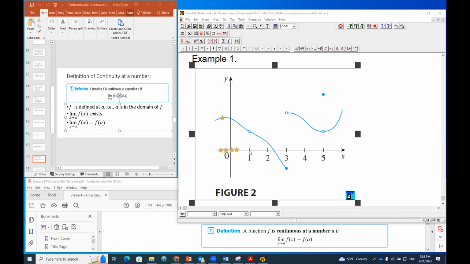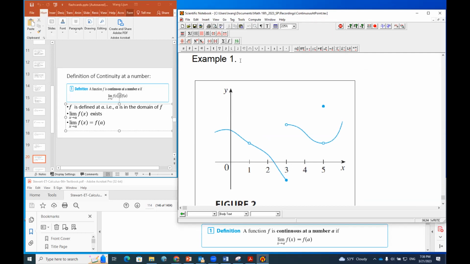Okay, so it's continuous at all these points. But how about at 1? At 1, it is not, because the function is not defined at 1. Got it? Now, we're going to make the statement this way.